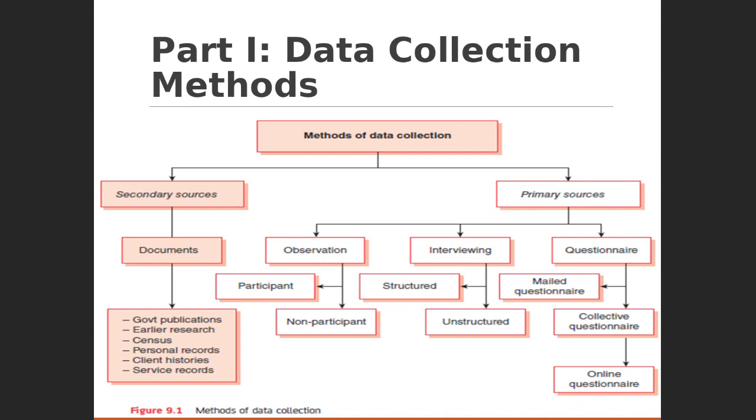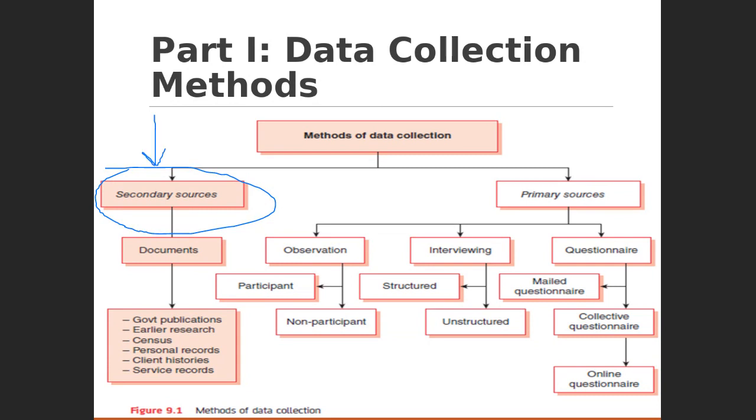So, there are two major approaches to gathering data or information, which are secondary sources and primary sources. When the information required is already available to you and you only need to extract that information, it is called secondary sources.